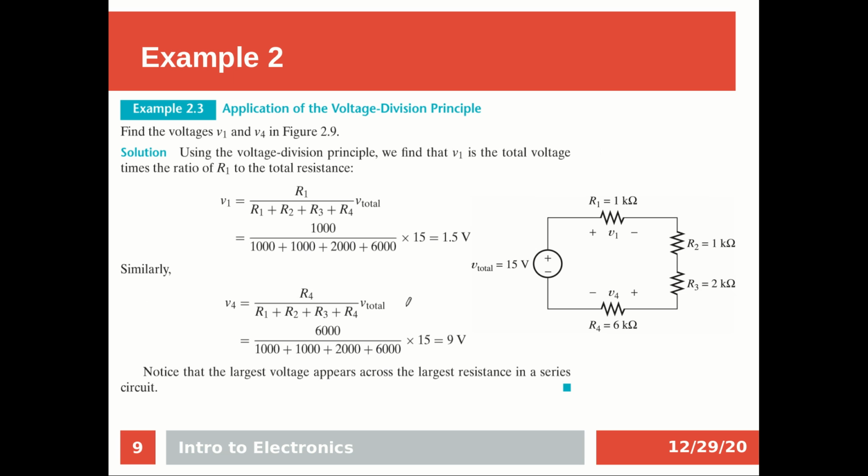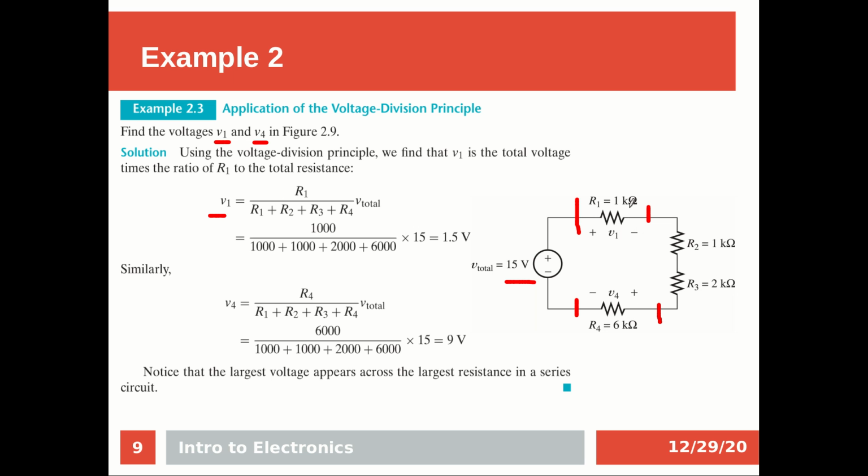In a numerical example, it gives you the value of each resistor and asks you to find V1 and V4, that is, the voltage across R1 and the voltage across R4. You just calculate all the values to get R total, and then for V1 you have V total, or Vs, times R1 over the sum of all the values.